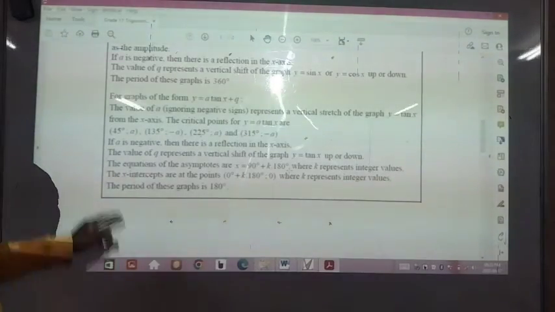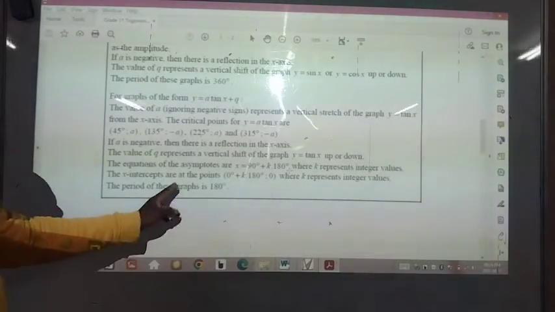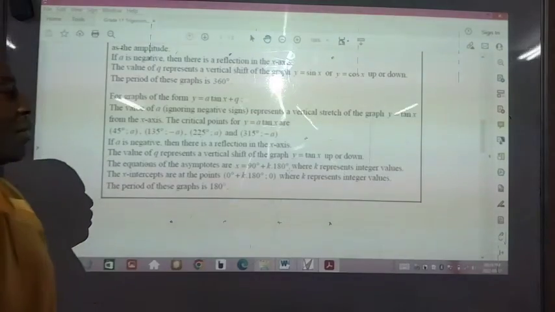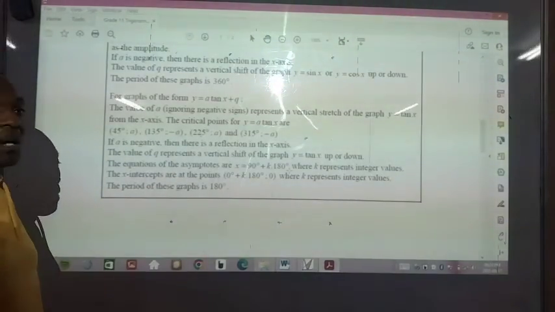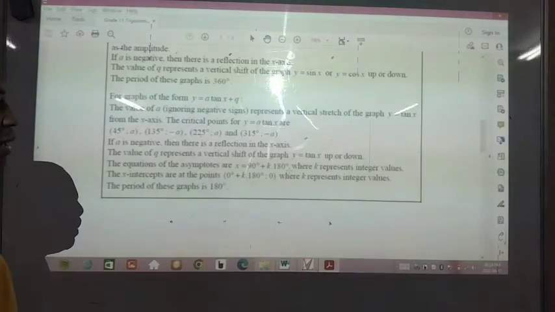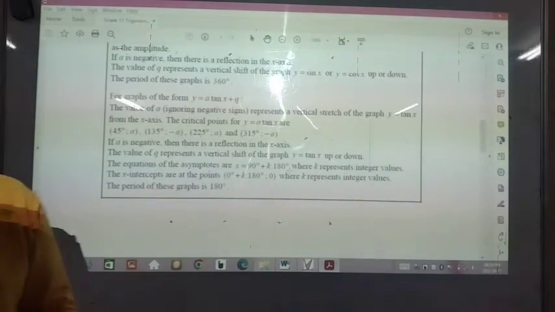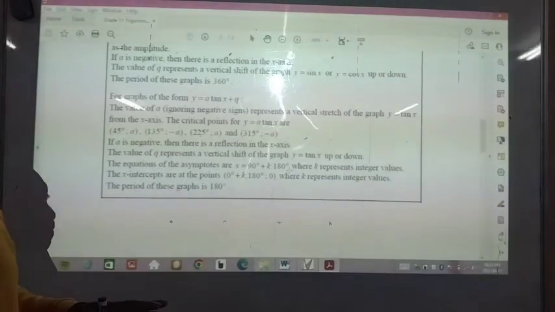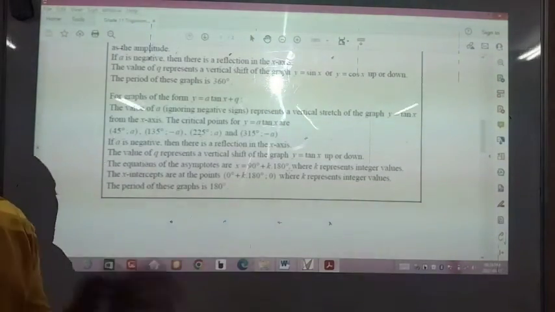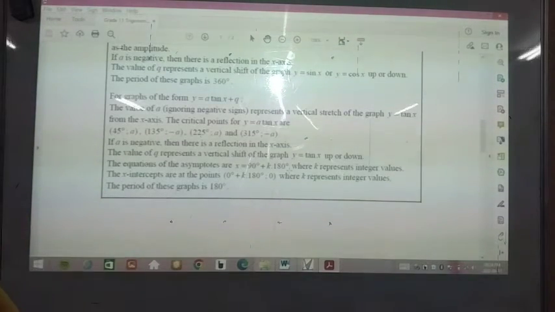The value of q represents the vertical shift of the graph. When q is positive, the graph is shifted up. When q is negative, the graph is shifted down. So that brings changes on the range and the maximum and the minimum. Those are the things that are affected.